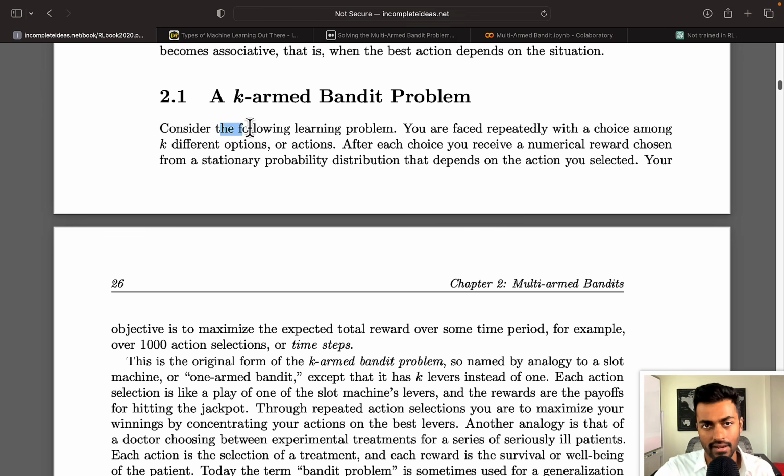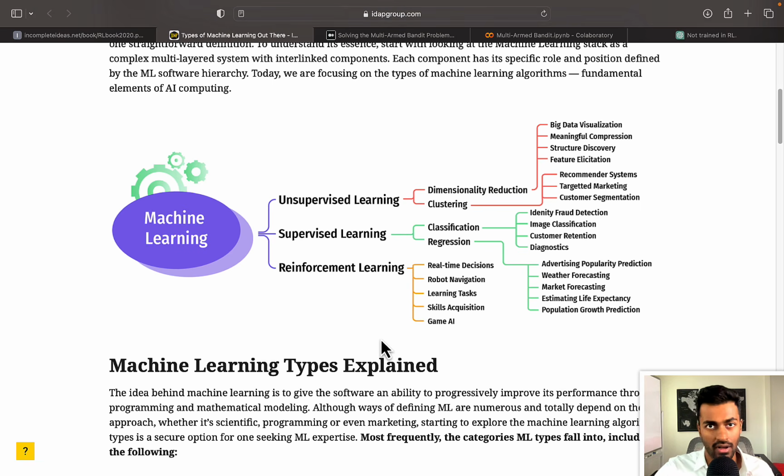You could see here that it is a learning problem. So where do these K-armed bandits fit into the big picture of machine learning? Let's take a step back. Methods to solve machine learning problems are machine learning paradigms, and there are 3 core machine learning paradigms along with many others.